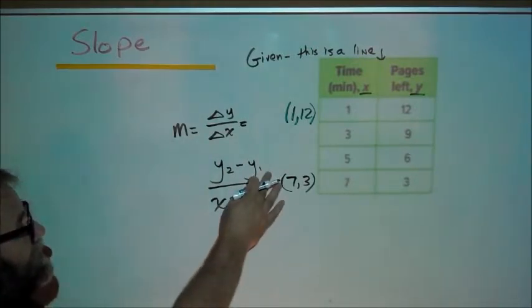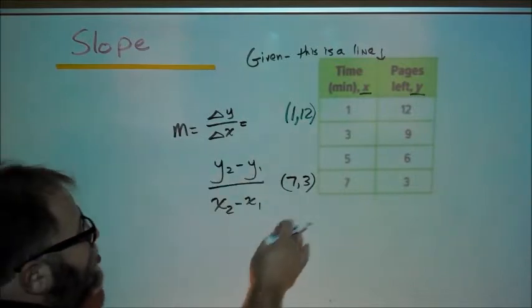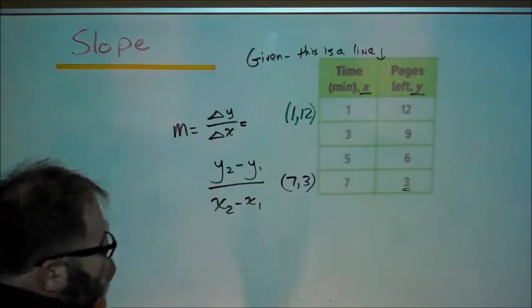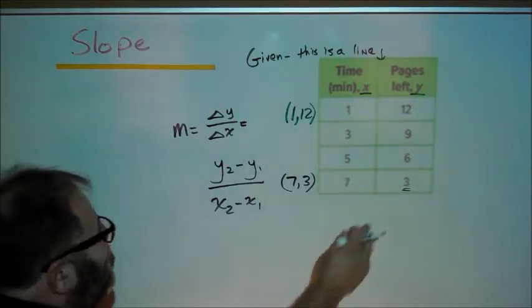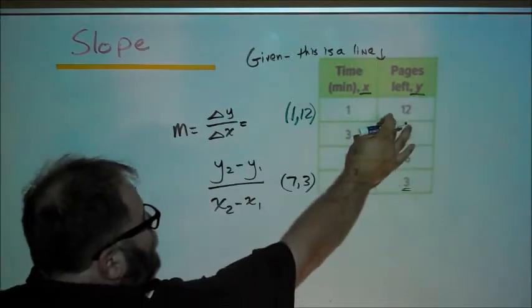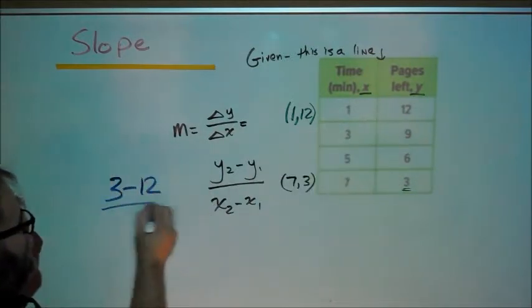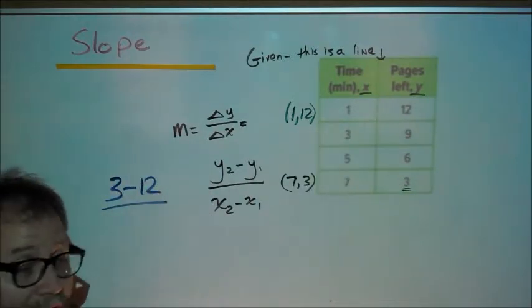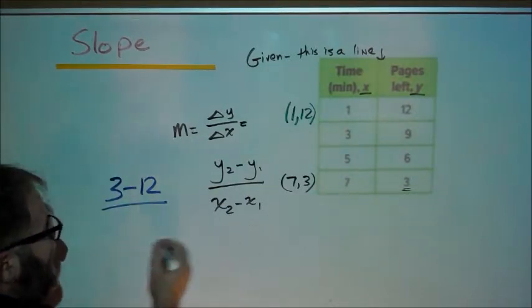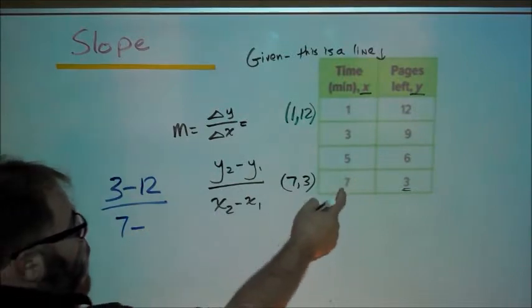We're going to substitute in for these things. If this is our second point, here's my y. We're going to say 3 minus my first point, 12. Don't let that throw you off. That's okay. And then we start with our second point again, 7 minus 1.